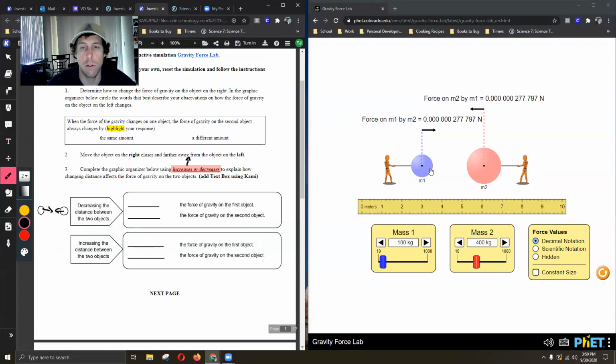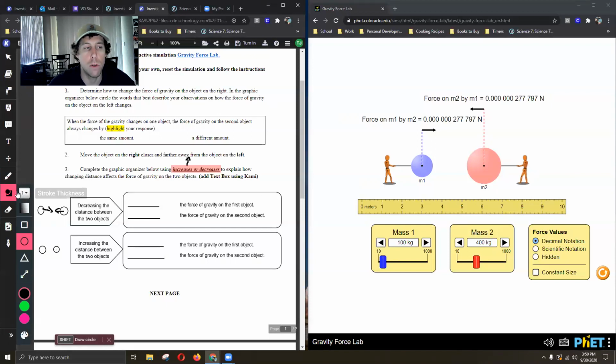Then bring these two objects together and tell me, is it an increase or a decrease in the force of gravity? And is it the same for both? Are they both increasing? Are they both decreasing? Or is it different? What did the numbers show you? We're collecting data here. Now do the same thing here, but it's the opposite. You're going to increase the distance. You'll move the objects away.